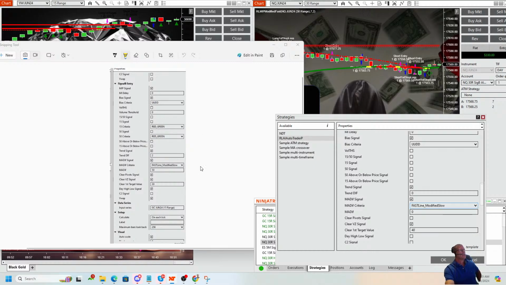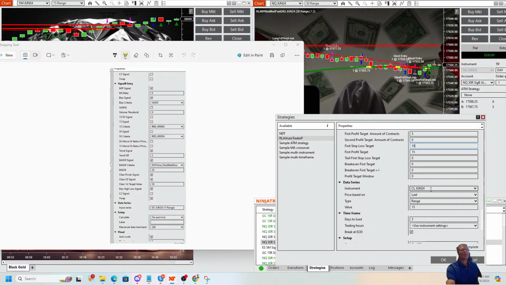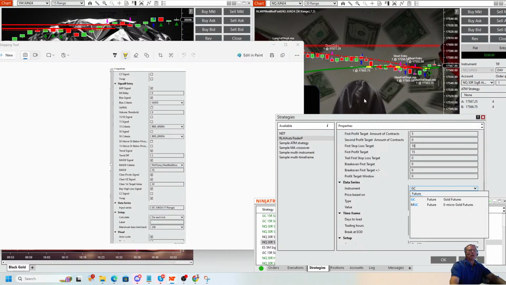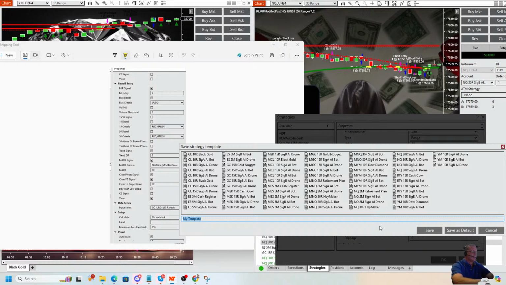I would just look at my screenshot and put those in, and maybe go for 15 ticks and risk 5, and maybe have a stop at 10 ticks, or whatever you see fit. Now I could save this template and call it my gold scalping 15 range.